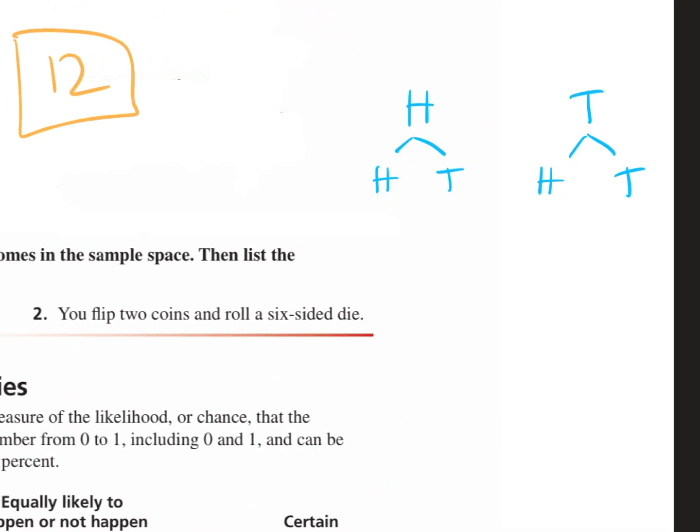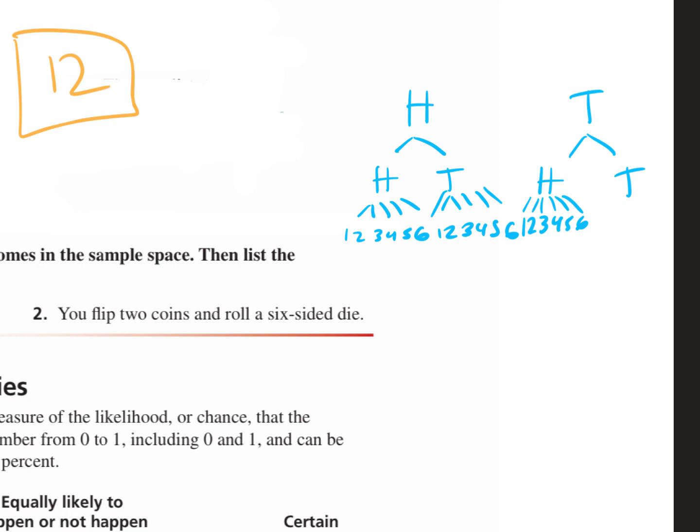So I could have flipped heads, then flipped heads, and then I could roll anything 1, 2, 3, 4, 5, or 6. I could have flipped heads, then flipped tails, and then rolled a 1, 2, 3, 4, 5, or 6. I could have flipped tails, then heads, and rolled a 1 through 6.